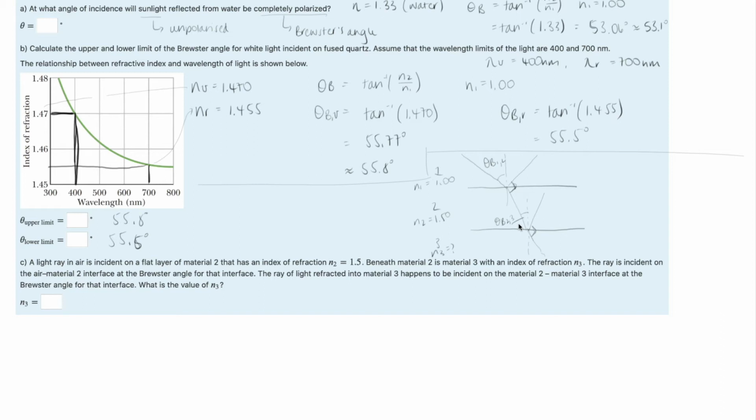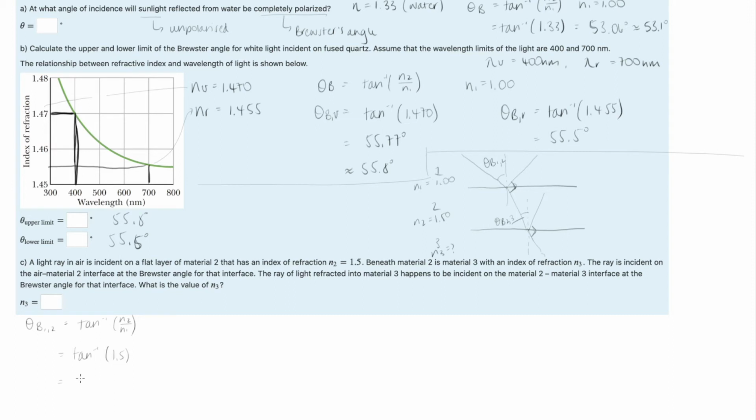Okay, so there's a couple of ways in which we can do this. I'm going to do it the long way first, and then I'm going to do it the short way second. So the way that you can do this is you can literally step it through one by one. Okay, so the Brewster angle for the material 1,2 interface is going to be given to us by the inverse tan of n2 divided by n1. Therefore, we can work out what this Brewster angle is going to be. Now, n1 in this case is 1 and n2 is 1.5.